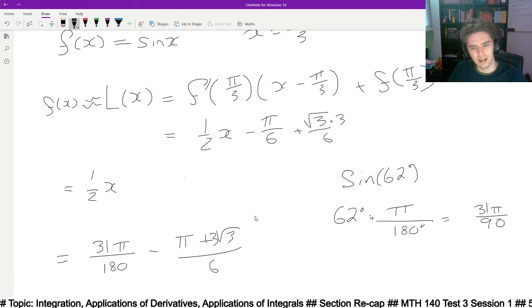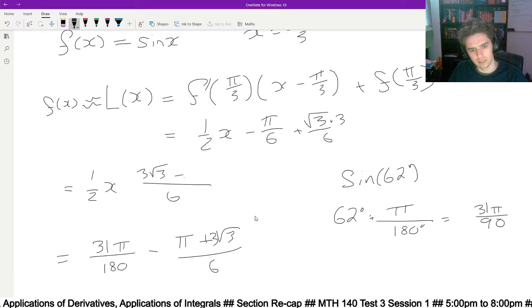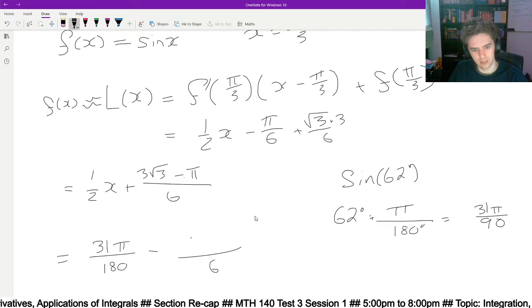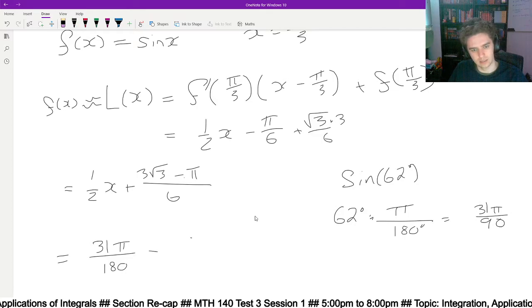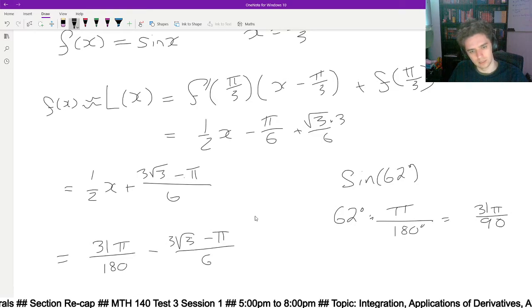So I'll flip this around. This is 3 root 3 over 6 minus pi. Let's see if that does anything, because I think the negative is kind of screwing us up here. So 3 root 3 minus pi over 6.